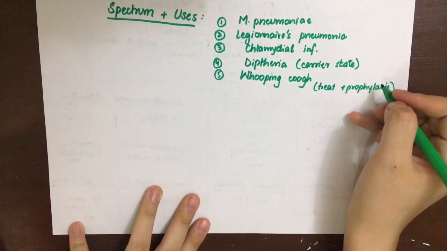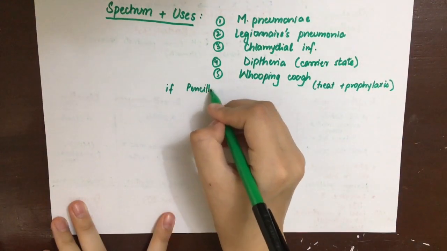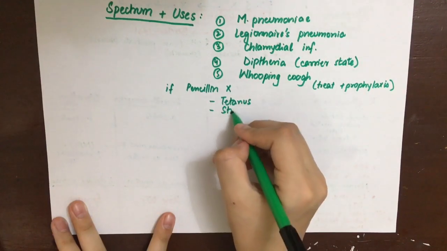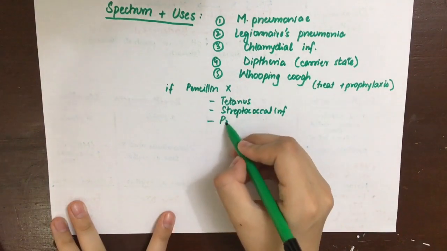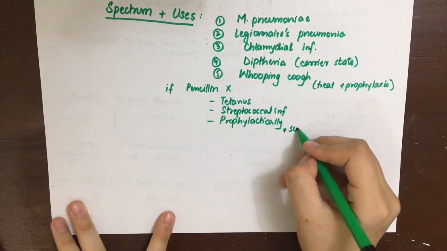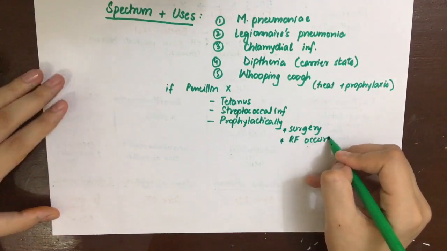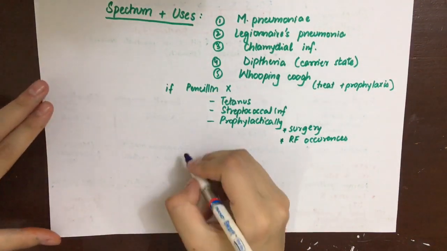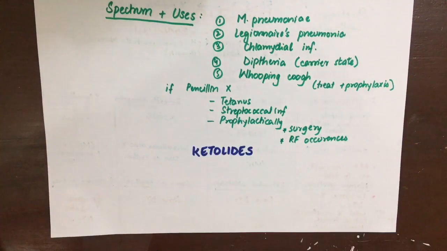Apart from these uses, macrolides can also be used in cases where patients are allergic to penicillin and thus can be used to eliminate Clostridium tetani and also some streptococcal infections, that are skin and soft tissue infections such as cellulitis, pharyngitis, tonsillitis, etc. And also they're used prophylactically before surgery and also to eliminate rheumatic fever occurrences.